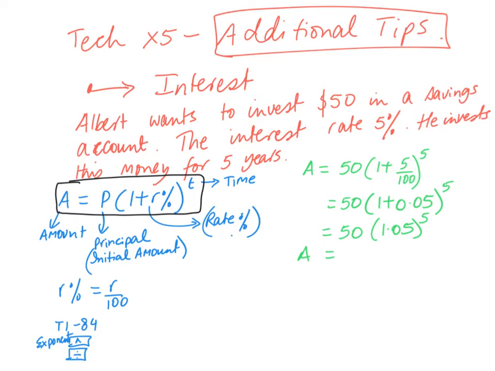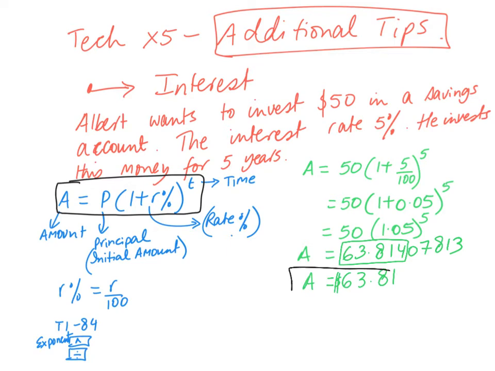So after we solve this value on the calculator, we get 63.81407813. Obviously you won't get this in cents, but let's just consider these digits to round it off to the nearest cent. So we would end up getting $63.81.